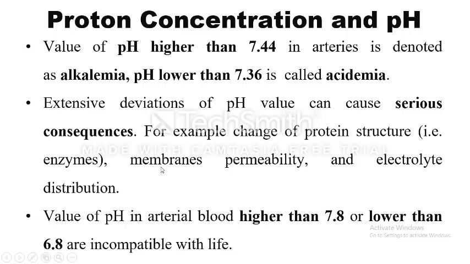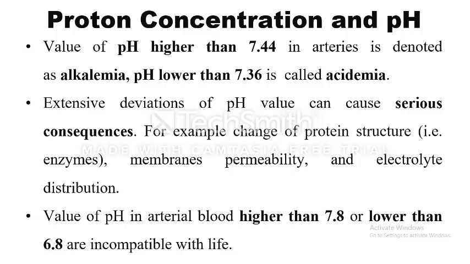The second effect is on membrane permeability. The membrane may not be able to allow the ions to go in and out of the cell, so it can affect the function of the cell as well. Electrolyte distribution can also be affected. Values of pH in arterial blood higher than 7.8 or lower than 6.8 are incompatible with life.